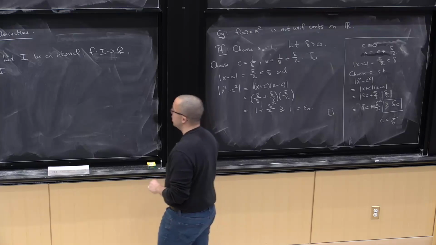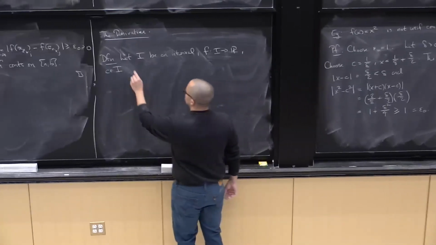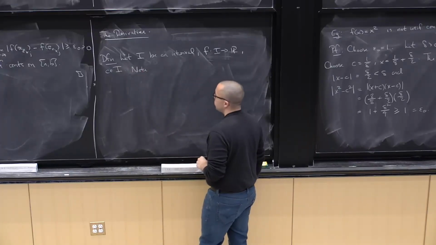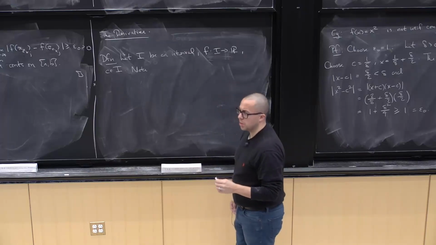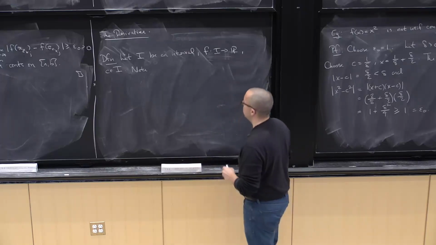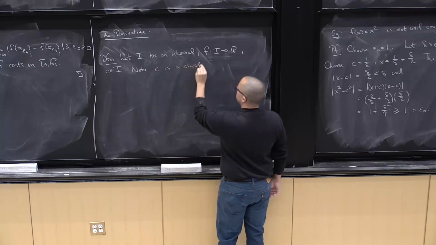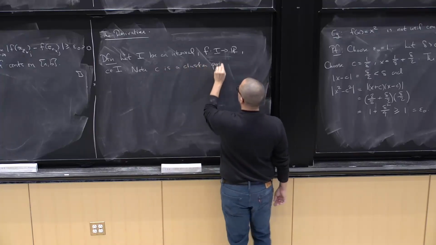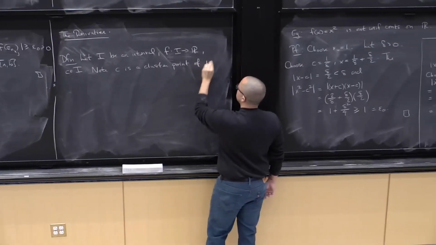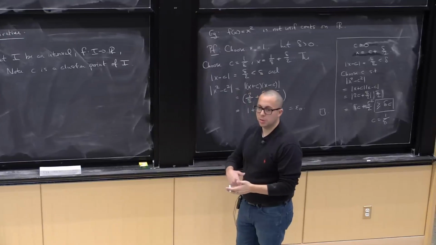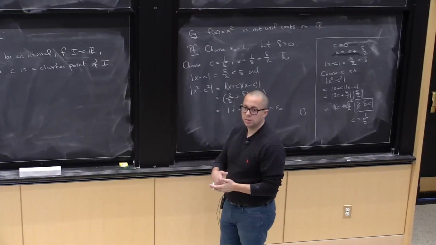So first off, convince yourselves of this, but I think it should be pretty clear. For an interval, every point in the interval is a cluster point of the interval. Okay?